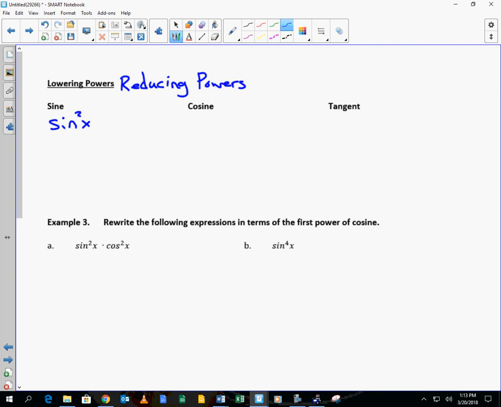For example, if I were to try to determine the integral of sine squared of x dx, I just really couldn't do that, okay? But if you tell me that sine squared is the same as 1 minus cosine of 2x divided by 2, well, then I can do that integral. That would be no big deal for me.